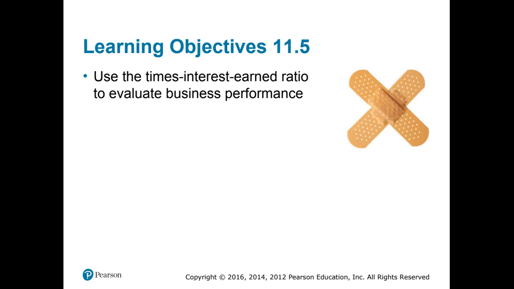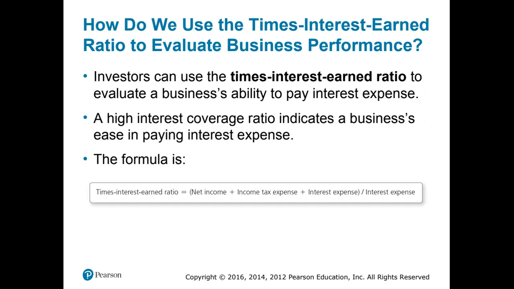So, using the times interest earned ratio to evaluate business performance. How do we use the times interest earned ratio to evaluate business performance? Investors can use the times interest earned ratio to evaluate a business's ability to pay interest expense.